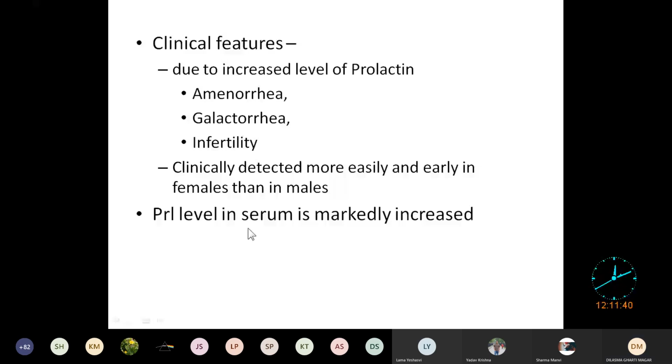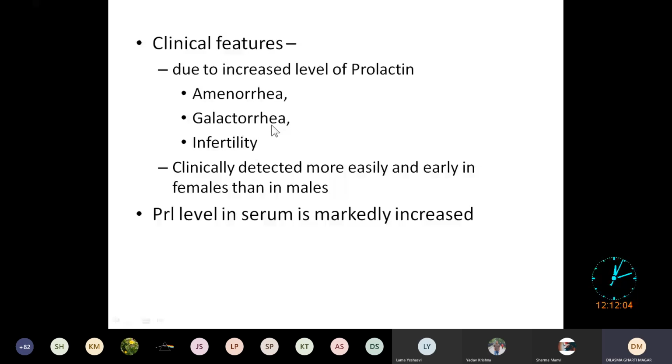Here the prolactin level will definitely be increased. So there may be amenorrhea, which means there is no menstruation, and the patient will present with amenorrhea. Then there will be galactorrhea, which means there is secretion of milk from the breast.